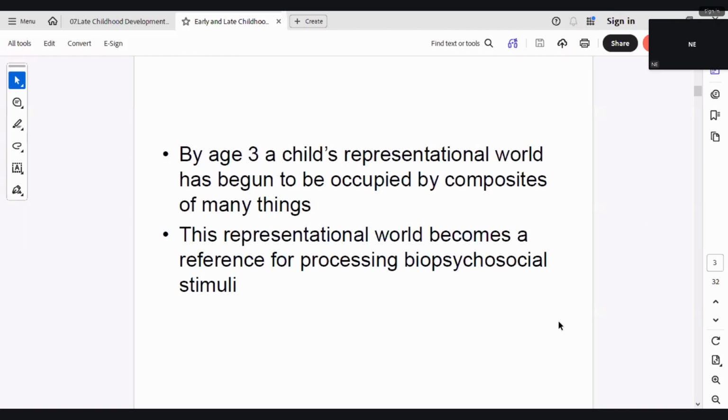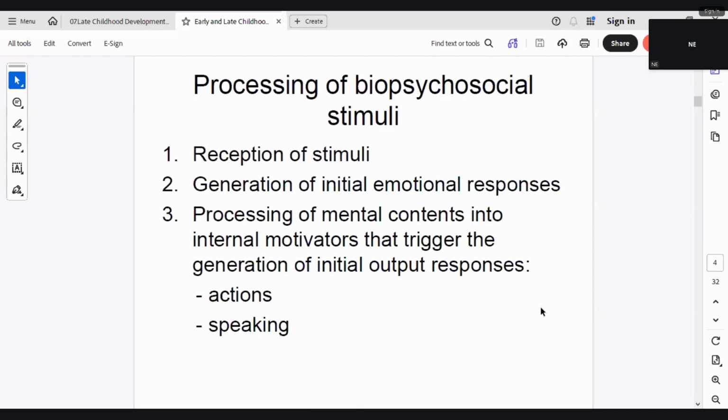The outcome is very different although they both present with the same disorder. So it's really important that when we assess people, we look at their biopsychosocial grid.